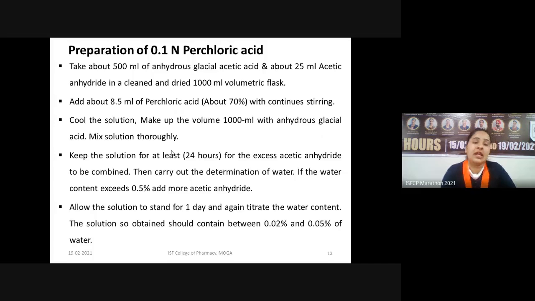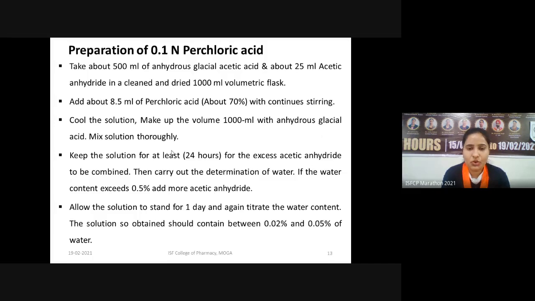Next, we have studied the preparation of perchloric acid. We have studied that the perchloric acid solution was prepared in glacial acetic acid. To make sure that no water is present in it, we have added acetic anhydride into it and kept it for a single day so that all the acetic anhydride can be consumed by reacting with the water molecules.